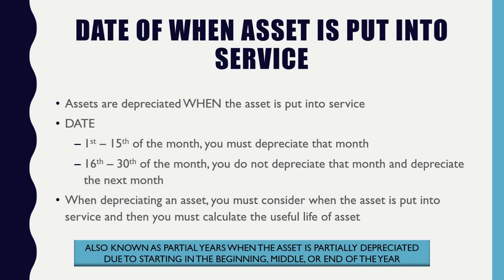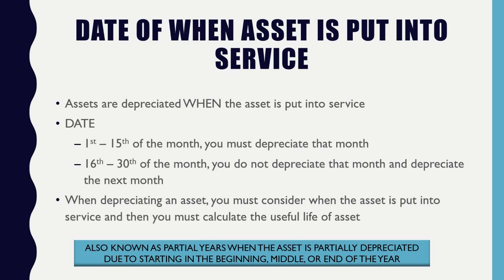No, it's only going to be 3 months old: October, November, December. So you treat your assets like their age, like with children. When you place them into service, that determines when you start depreciating it.